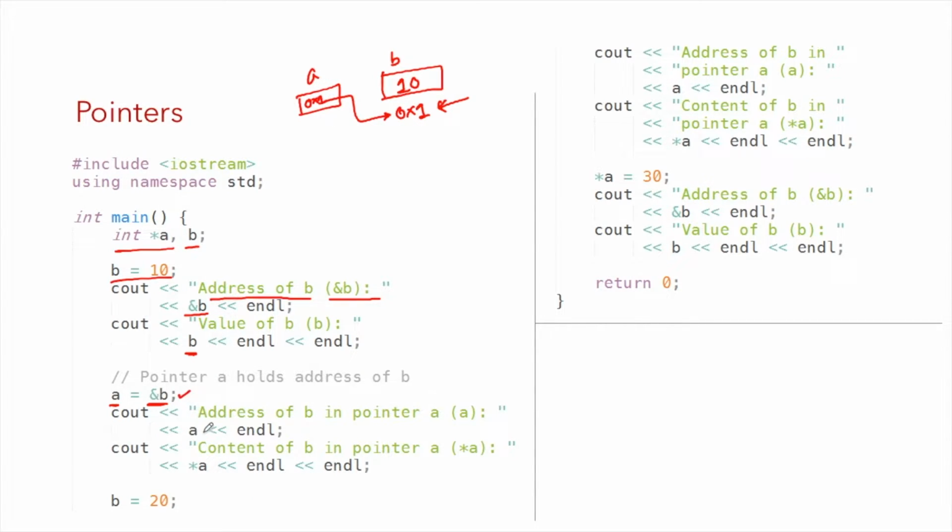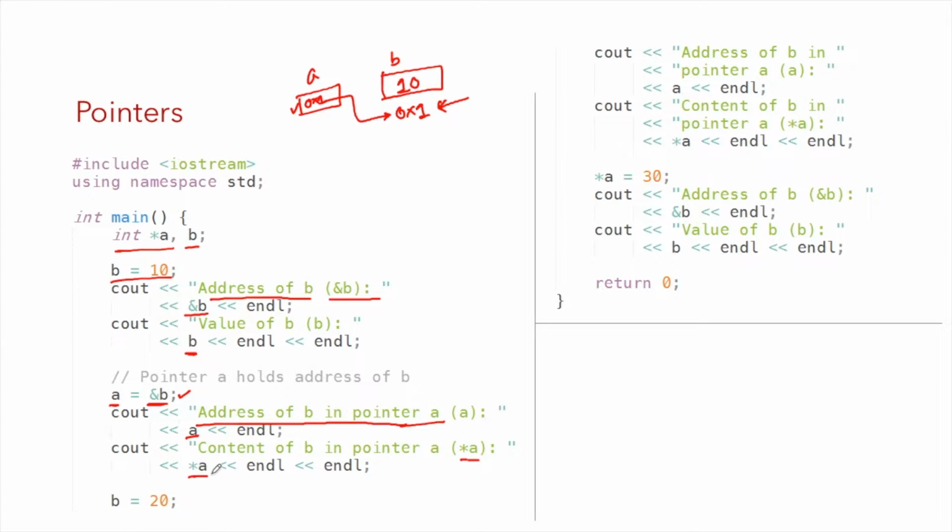After this line, I'm printing the address of b in pointer a, and I'm simply writing a. So this information will be printed, and then in the next line I'm writing content of b in pointer variable a, that is star a. Now I have given this trick multiple times in our C programming language series as well.